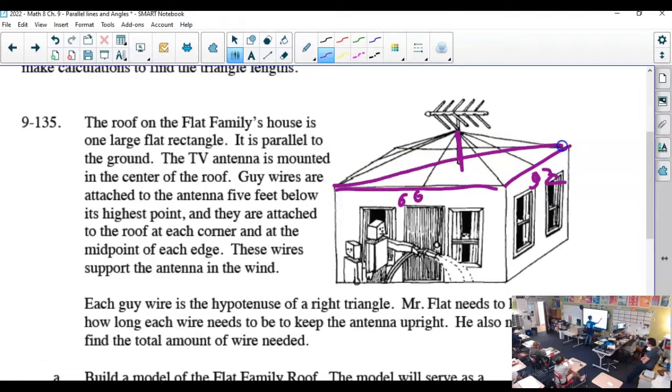So what we need to find is this, so that we can split it in half. So, hold up. Let's make sure everyone's on the same page. Lily looked at the whole roof and the entire hypotenuse from here to here and said, I can solve that using the numbers they gave me. So, with 60 and 32, what'd you get for that entire hypotenuse? 68 squared, or square root 68?